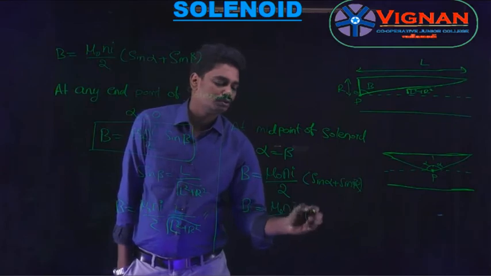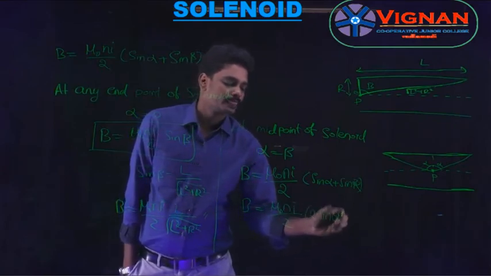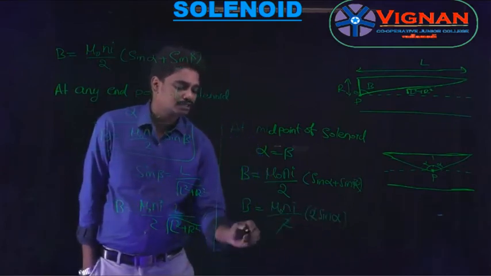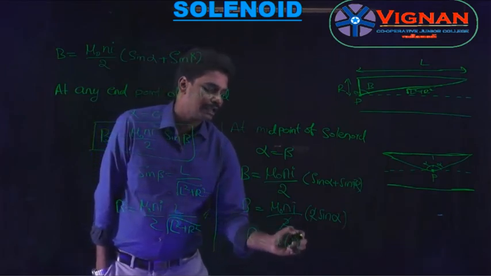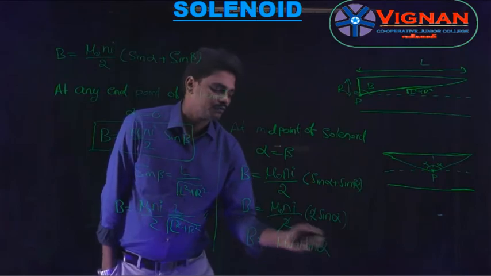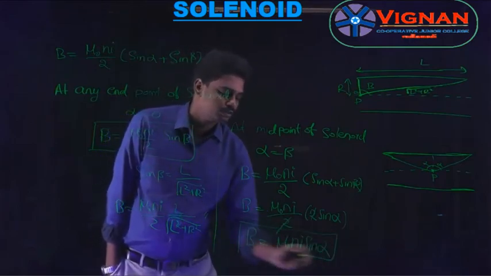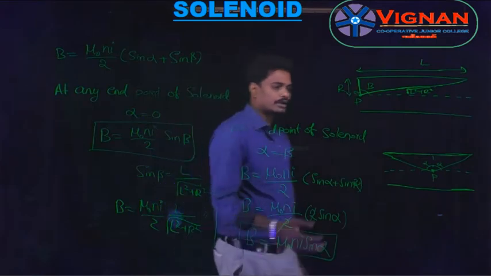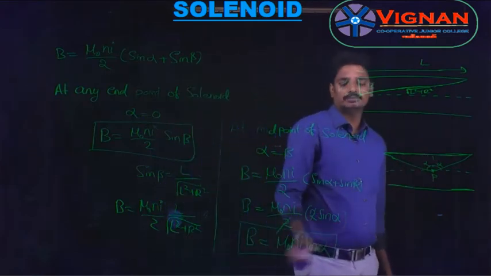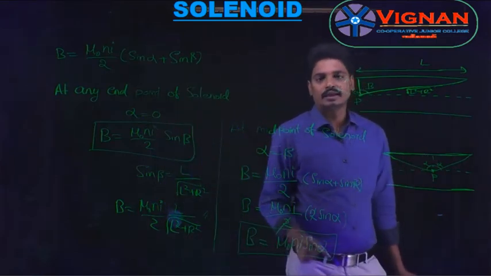So the 2 gets cancelled, and B is equal to mu naught Ni sine alpha. So at the midpoint of the solenoid, the strength of the magnetic induction B is equal to mu naught Ni sine alpha.